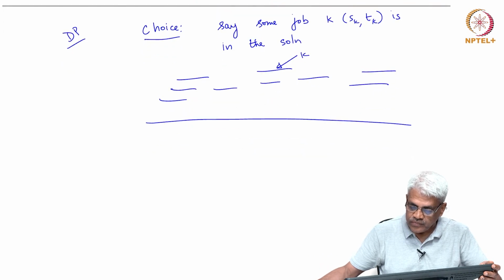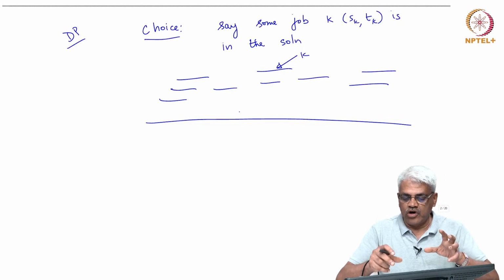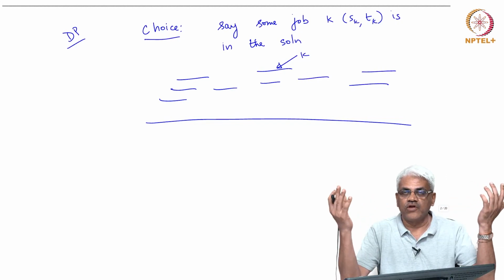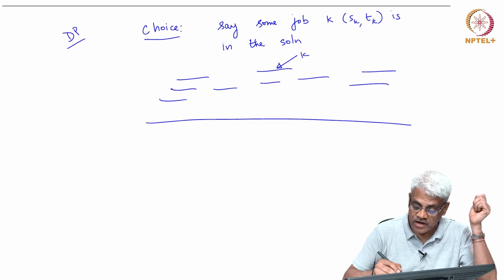So clearly any job that overlaps with Sk Tk cannot be in the optimum solution, the moment job k is there, right?